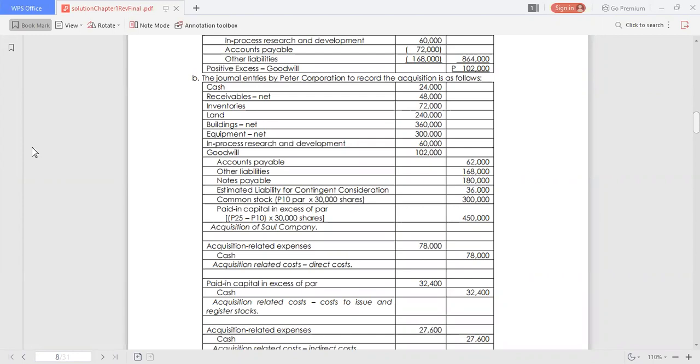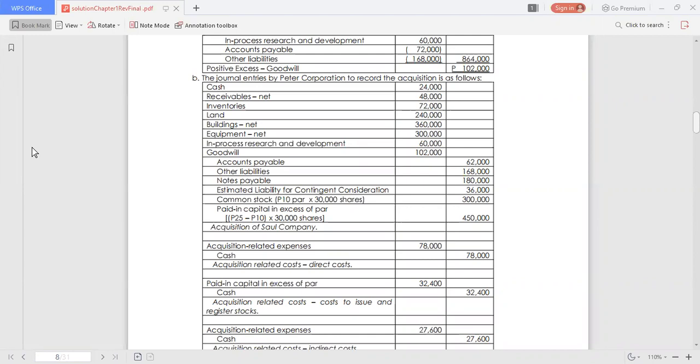Now we record the acquisition related expenses, 78,000 of the direct cost, and credit to cash for the direct cost in the amount of 78,000. So that makes 12 plus 24, 36 plus 42 is 78,000.